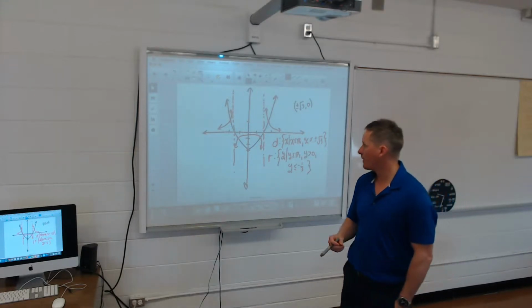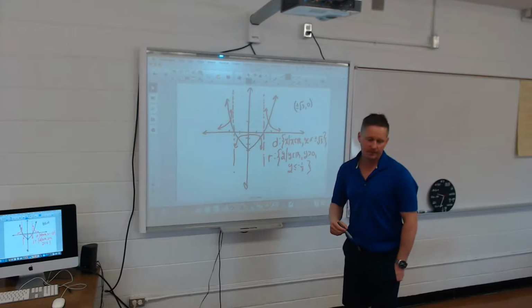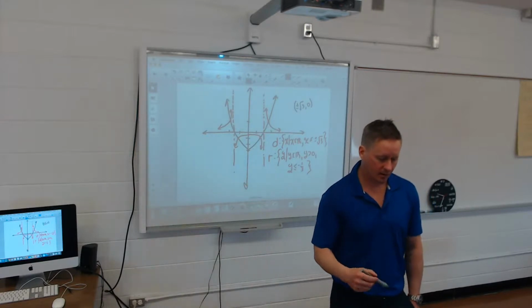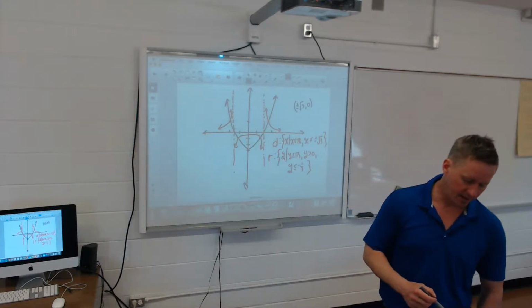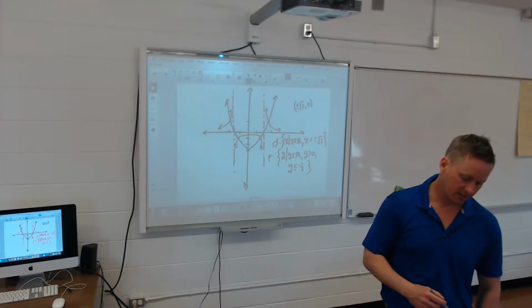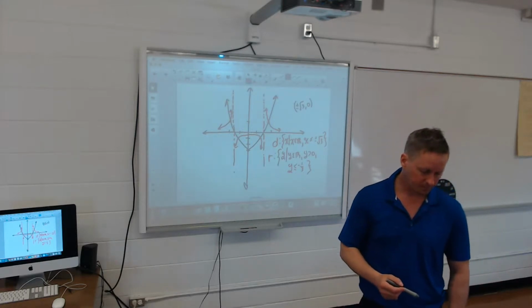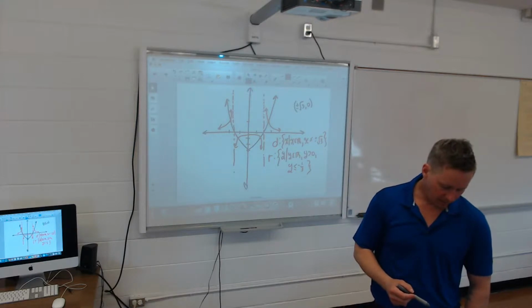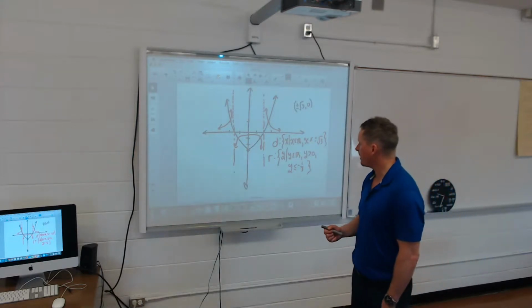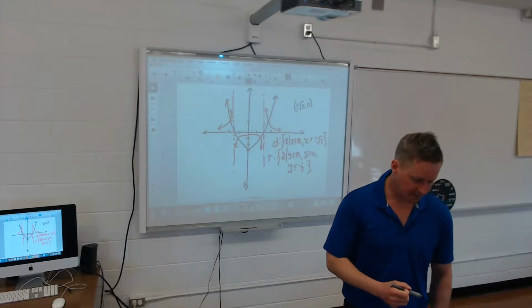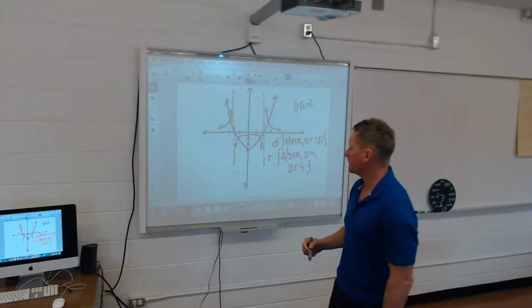My invariant points, so same thing for my invariant points. I put 1 over x squared subtract 3 equals 1. 1 over x squared subtract 3 equals negative 1, and I would solve for both of them. So I don't know what they are. You'd have to use your calculator. Well, we could do it, I suppose.